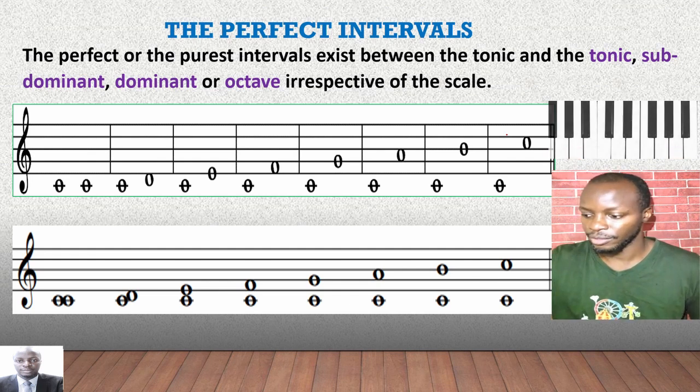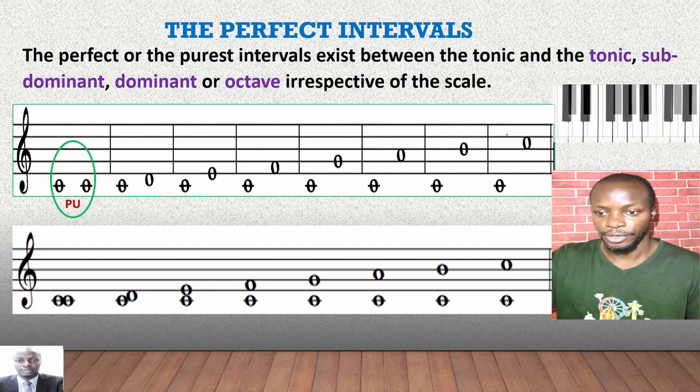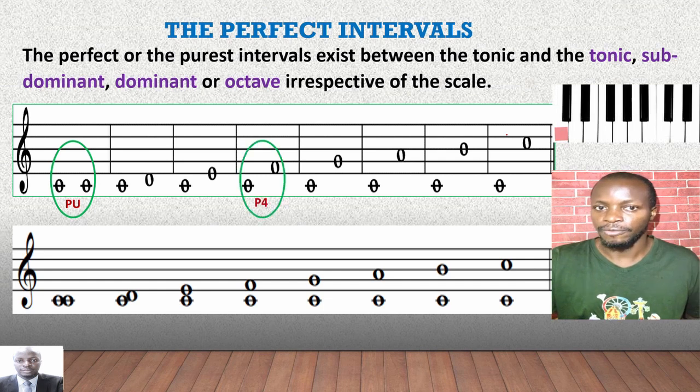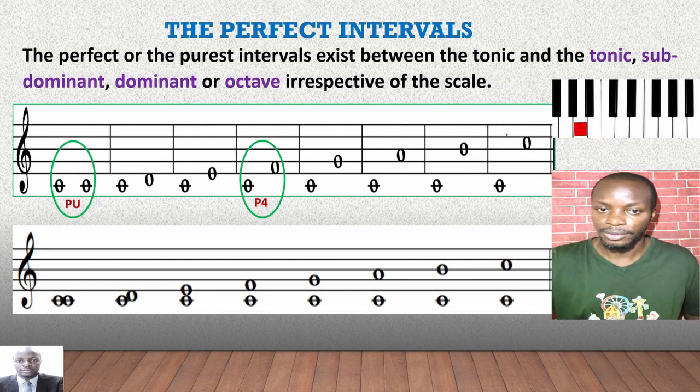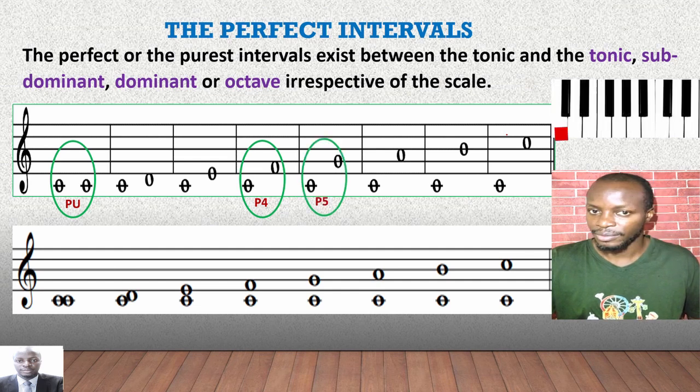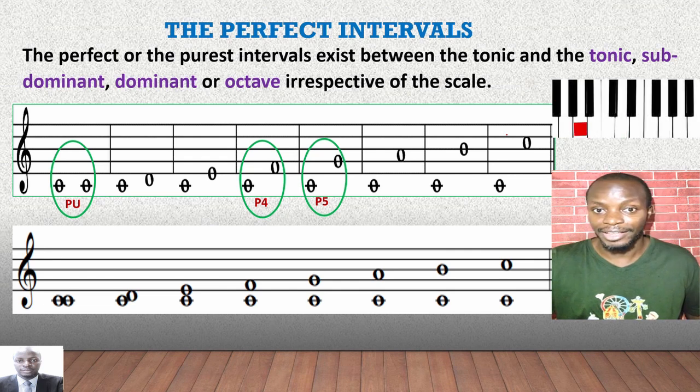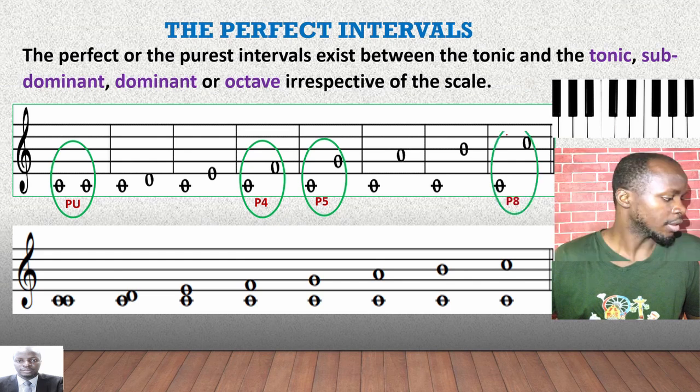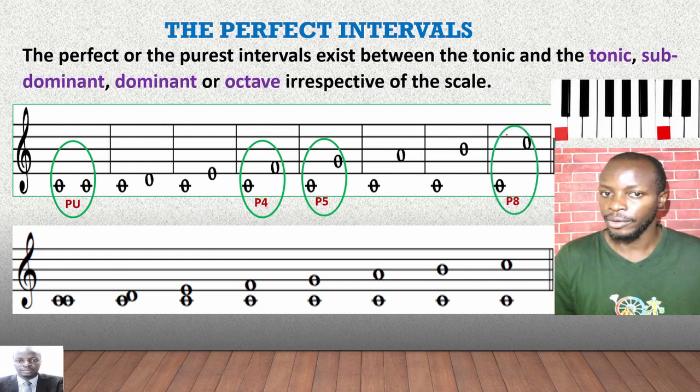Now let's get into it. You have perfect unison, right? You have the perfect fourth, minor scale. Alright, so you see these intervals are perfect fourths, right? And you have the Do, So, or La, Mi. So they're perfect fifths, right? So you have the perfect octave, right?